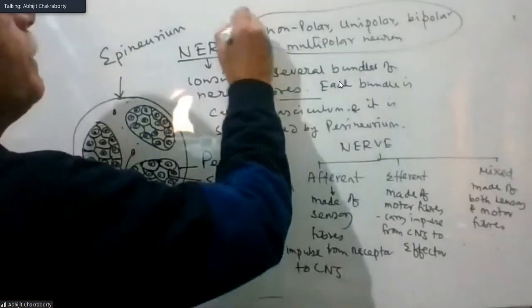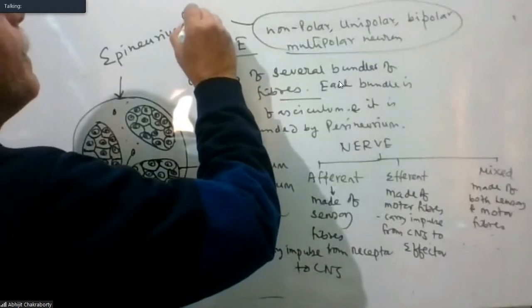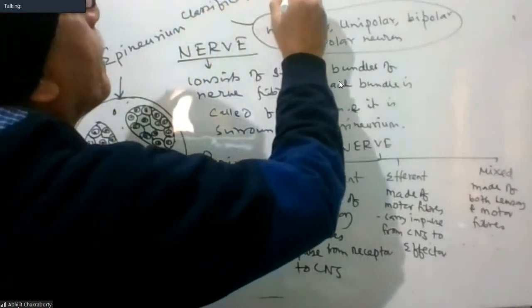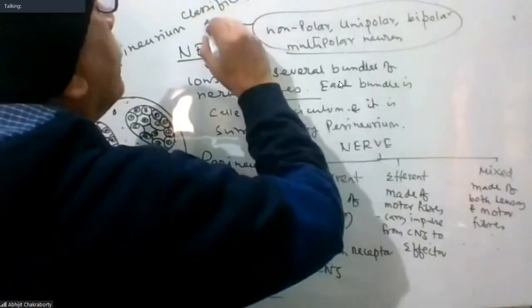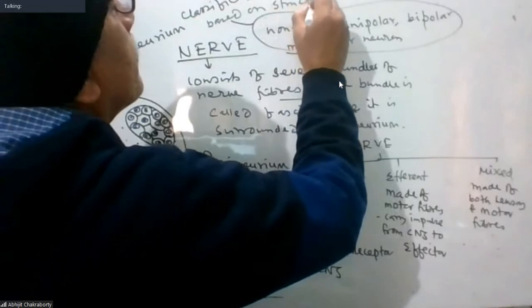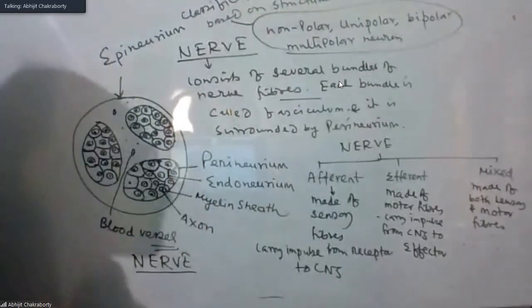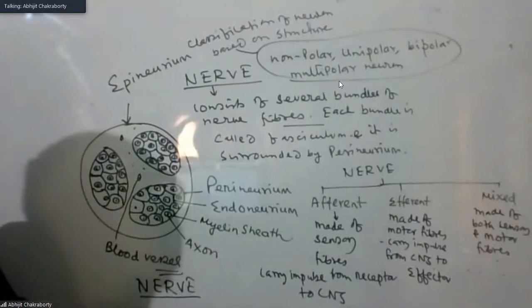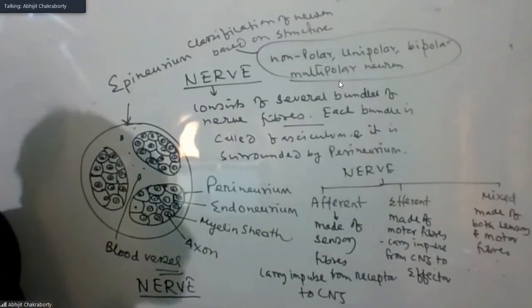This is a classification of neuron based on structure. The types are non-polar, unipolar, bipolar, and multipolar neuron.